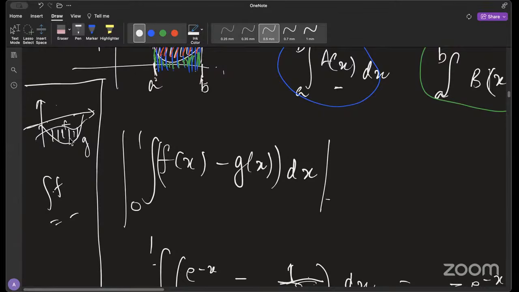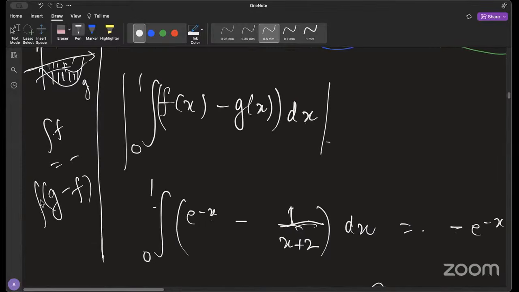So how do you fix this? We know that we've gotten this area as negative and this area is negative as well. One way to do it is to simply take g minus f. It's going to give you this exact area that you require, but in negative, right? Yes, ma'am. So just take that, and then you have to do the same thing.